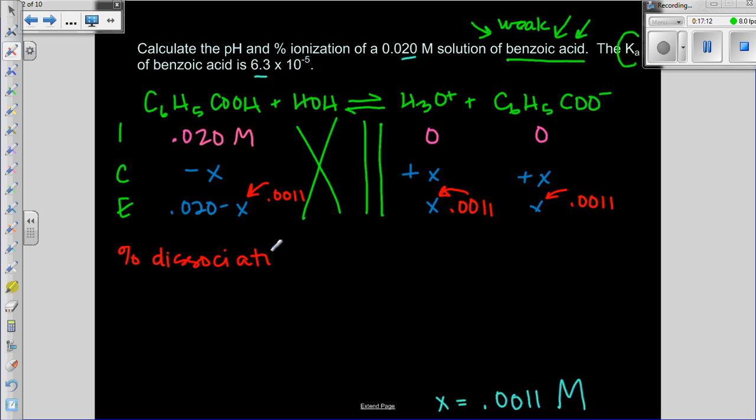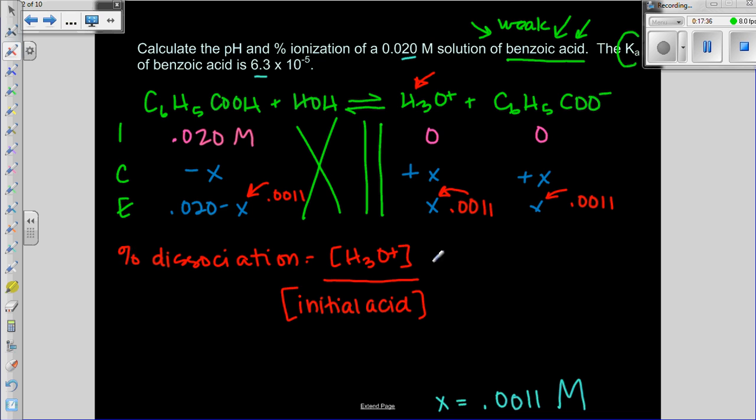what I do is I'm still taking the part divided by the whole. The part I care about is the part that makes the acid the acid. So basically the hydronium ion or the hydrogen ion divided by the initial concentration of the acid, and then I'm doing times 100.